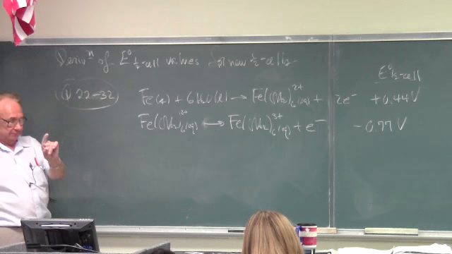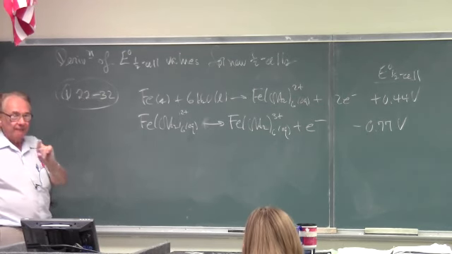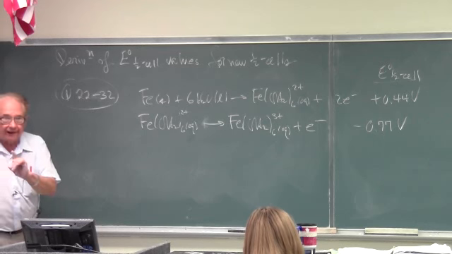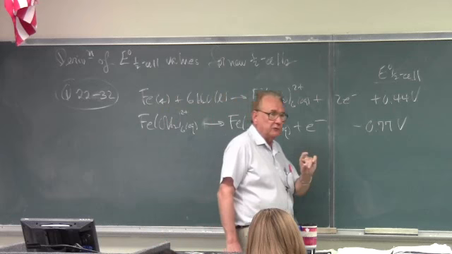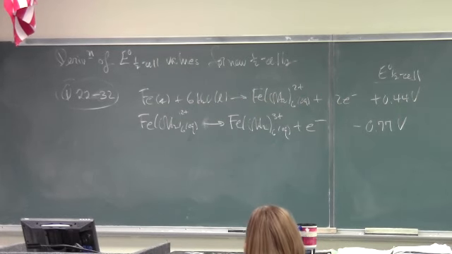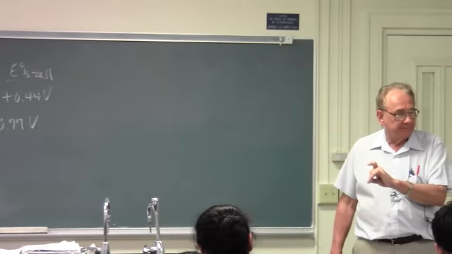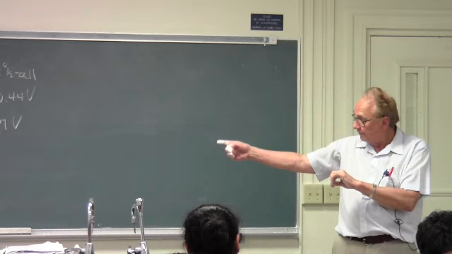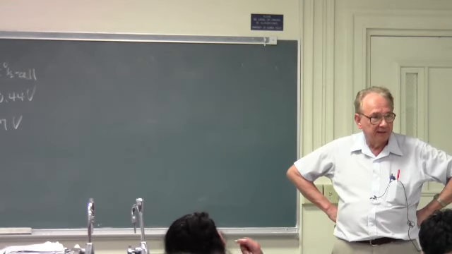Now, this means if I'm going to oxidize iron to make a hydrated metal ion of iron, which hydrated metal ion will I expect to make? Two plus or 3 plus?